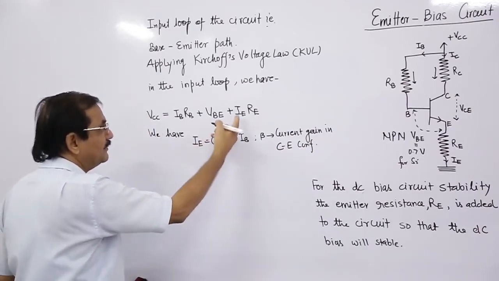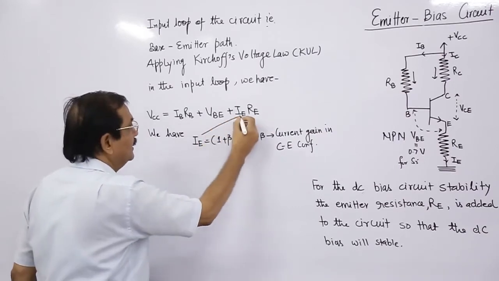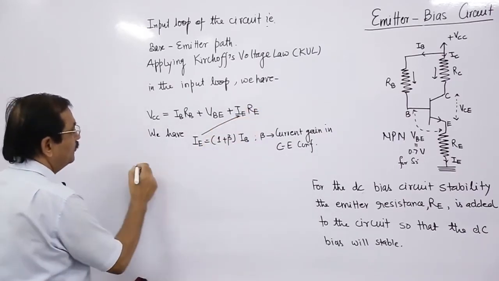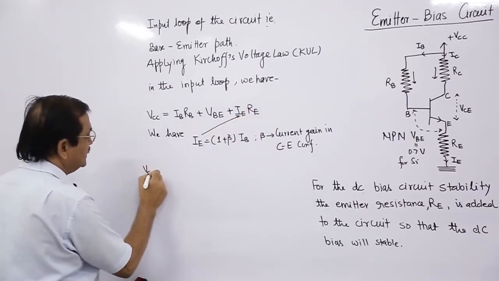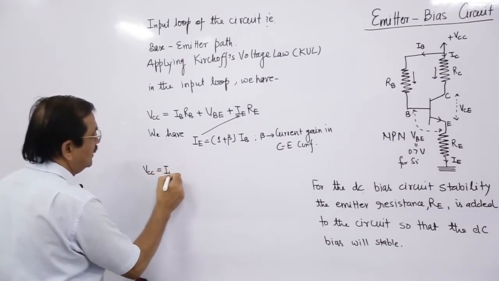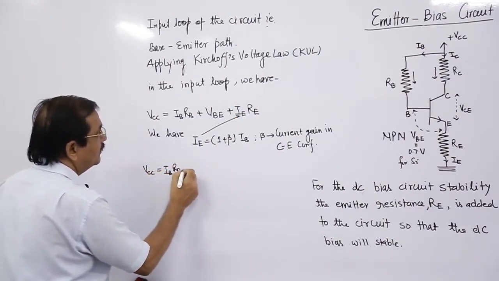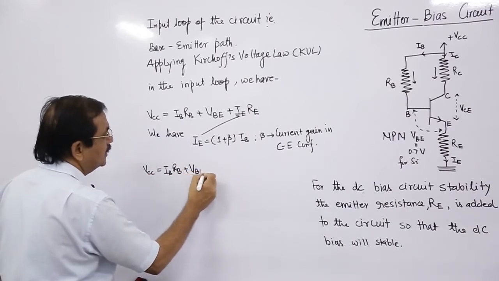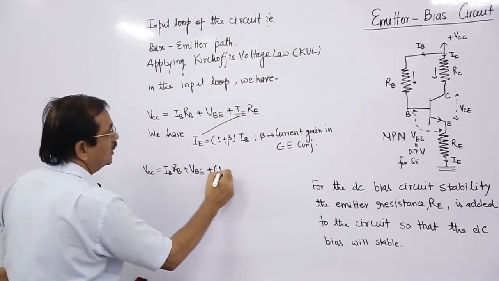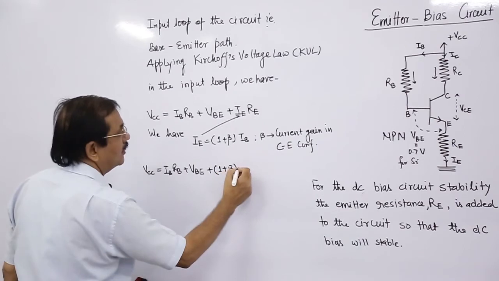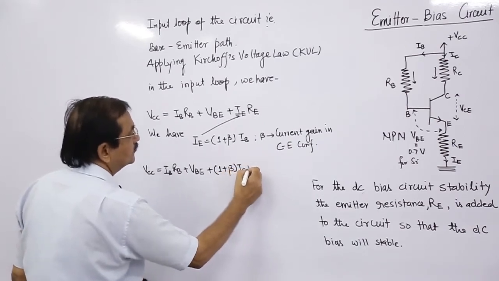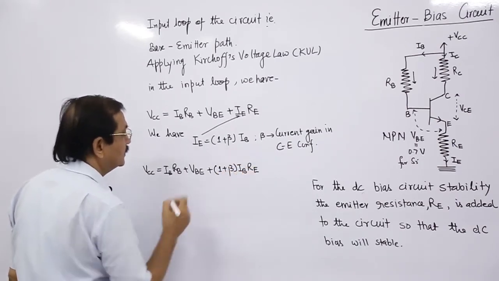So, substituting the value of IE into the above expression, we have VCC equal to IBRB plus VBE plus (1 plus beta) IB RE.